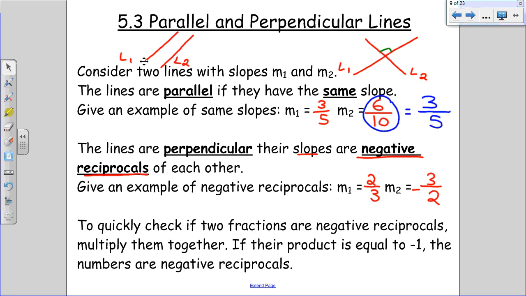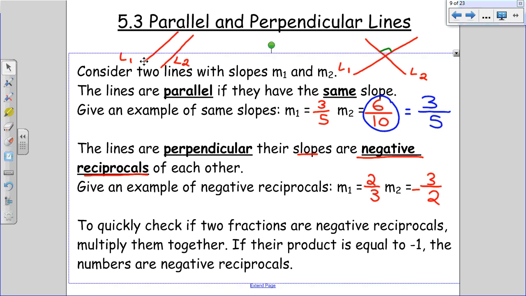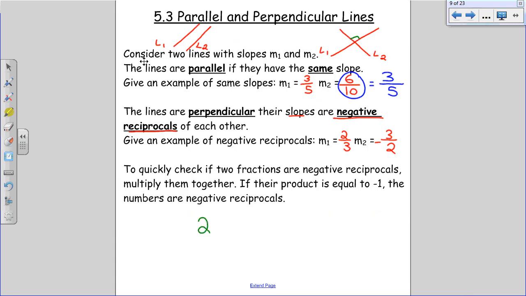Some people really like this trick at the bottom. I personally have never used it, I don't think, but I've seen a lot of people use it. It's a quick way to check if something's a negative reciprocal. If you have something that's a negative reciprocal, then when you multiply them together, you should get negative 1 every time.